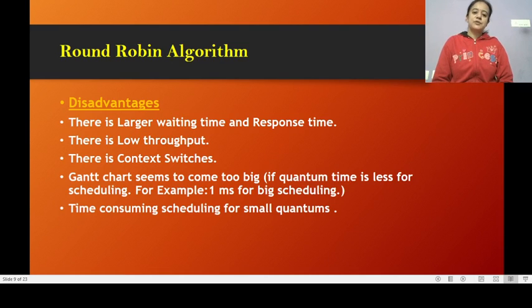The Gantt chart becomes very big. Scheduling is time consuming for a small quantum. Processes with smaller CPU time should wait for a longer time. These are the disadvantages of the round robin algorithm.